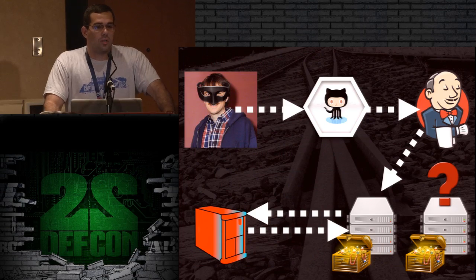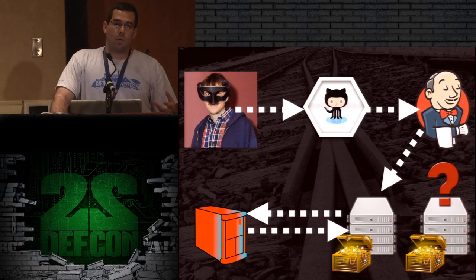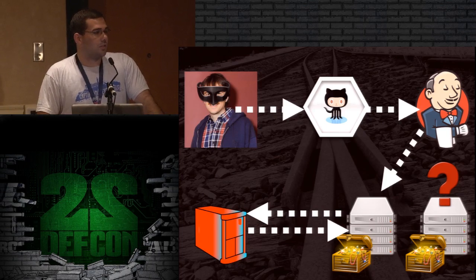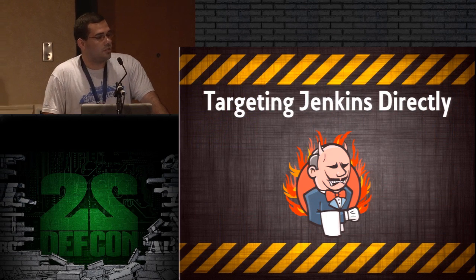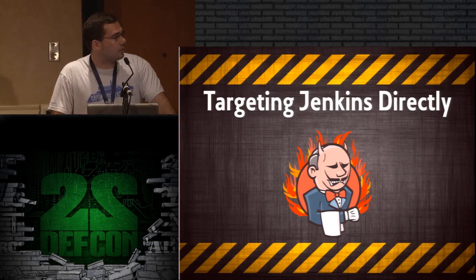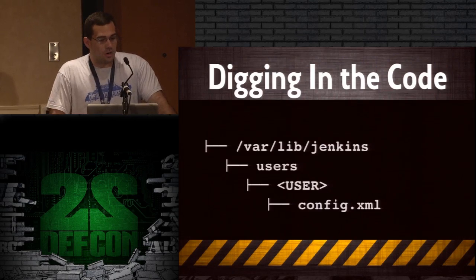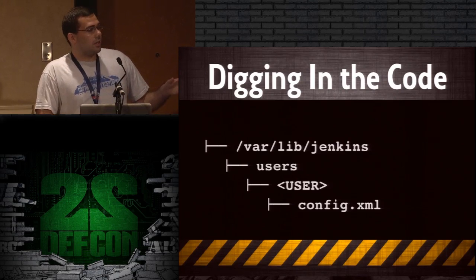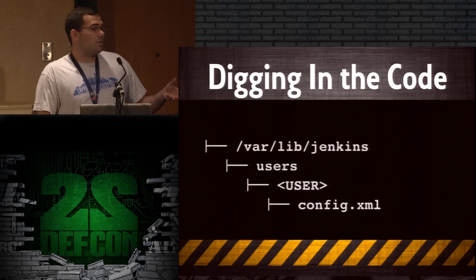So that's kind of cool, but that'll only give you one server. You know what's really cool is compromising multiple servers. So how do we do that? We target the Jenkins install directly. For my testing, I was using the Jenkins database library, or Jenkins user management, for authentication.